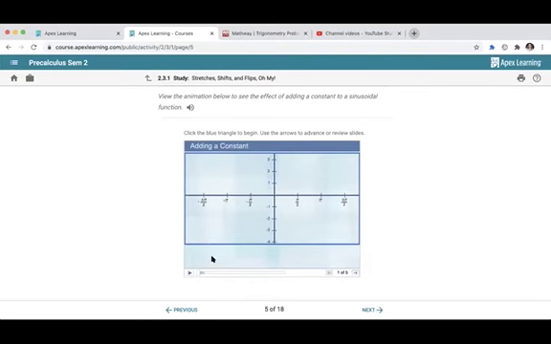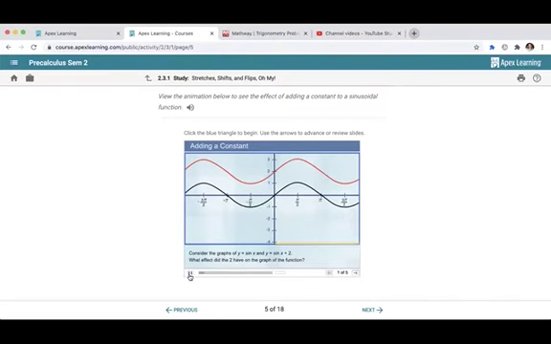So now, if we look at what happens when we add a constant, we're not just sine of x, we're sine of x plus 2. Hopefully you noticed that it moved the graph up by 2. Again, some things are sounding familiar to what we already talked about with basic graph transformations. Did adding that 2 change our zeros?